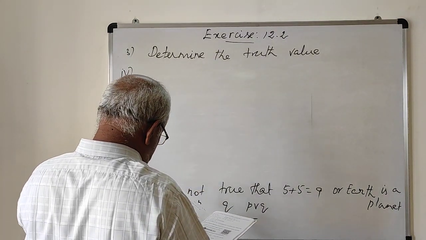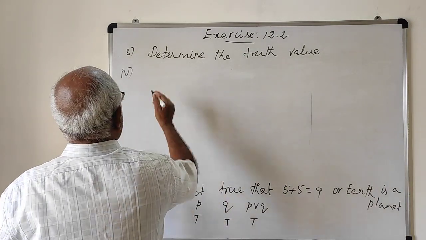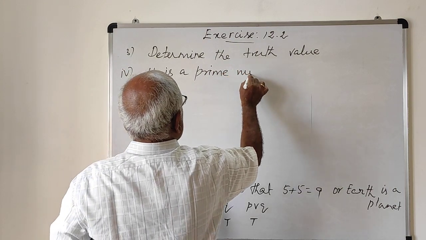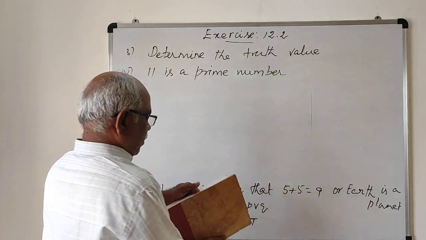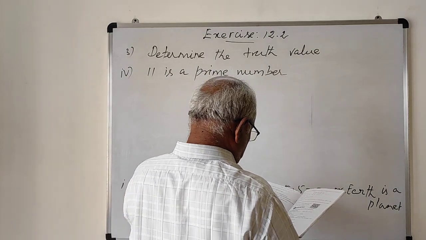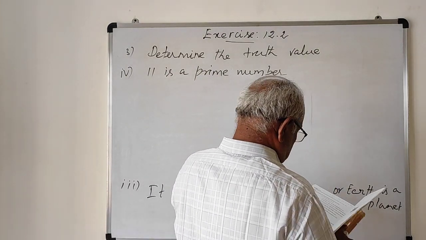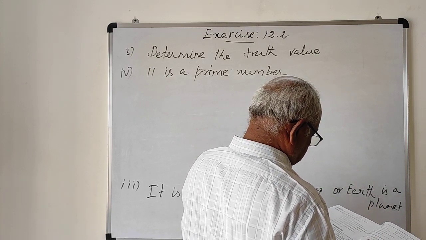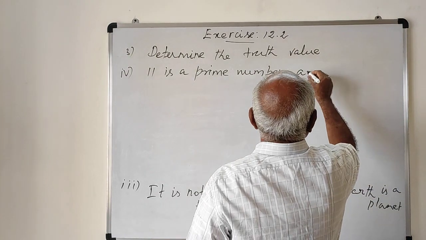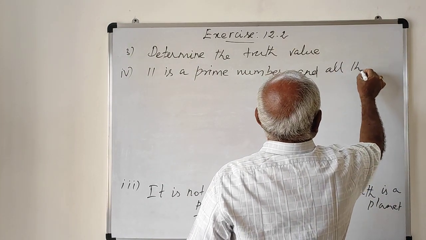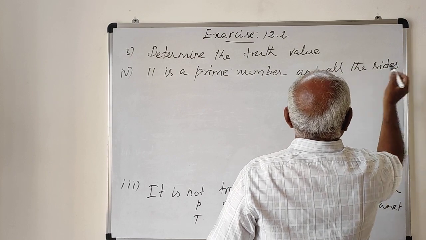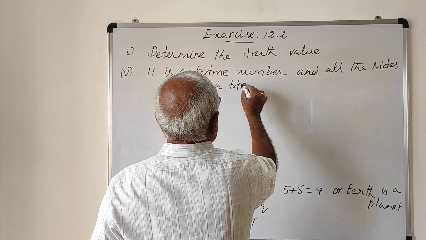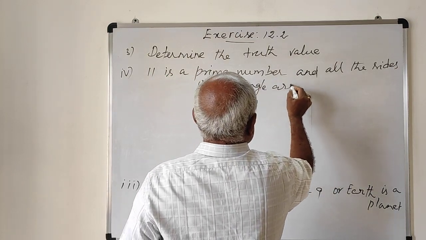Third problem, fourth subdivision. 11 is a prime number. You know 11 is a prime number. It's true. 11 is a prime number, and all the sides of a triangle are equal.